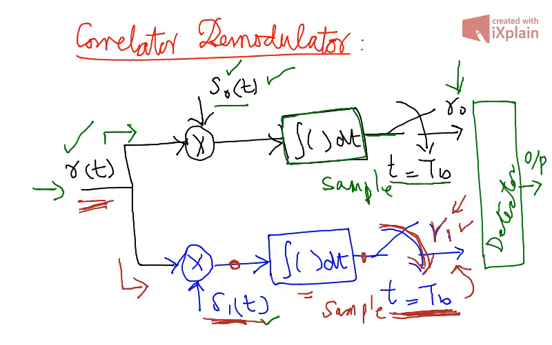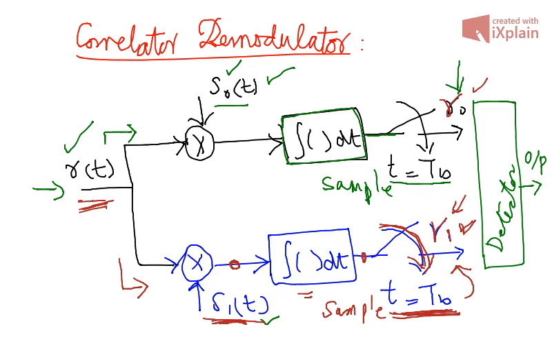Now we have two values, r0 and r1. r0 represents the similarity of the received signal with S0(t), and r1 represents the similarity of the received signal with S1(t).